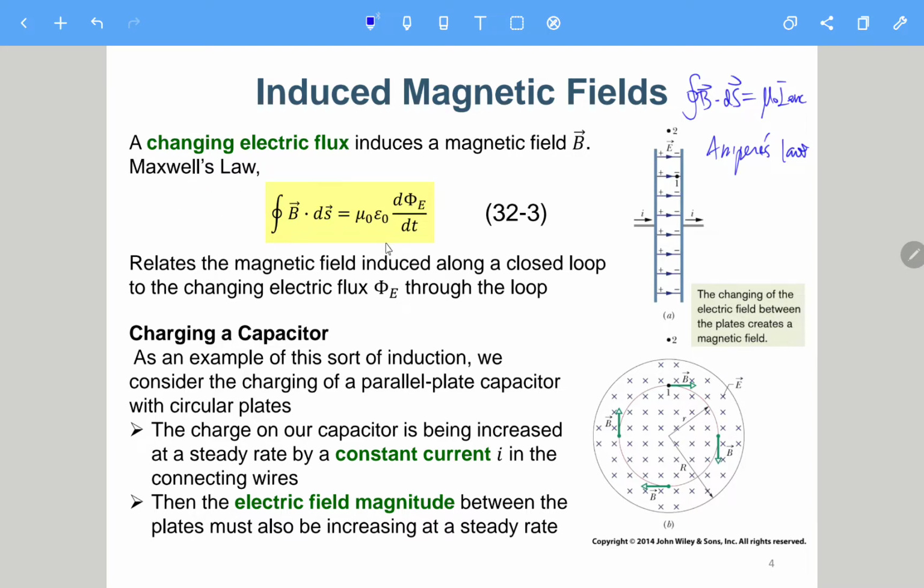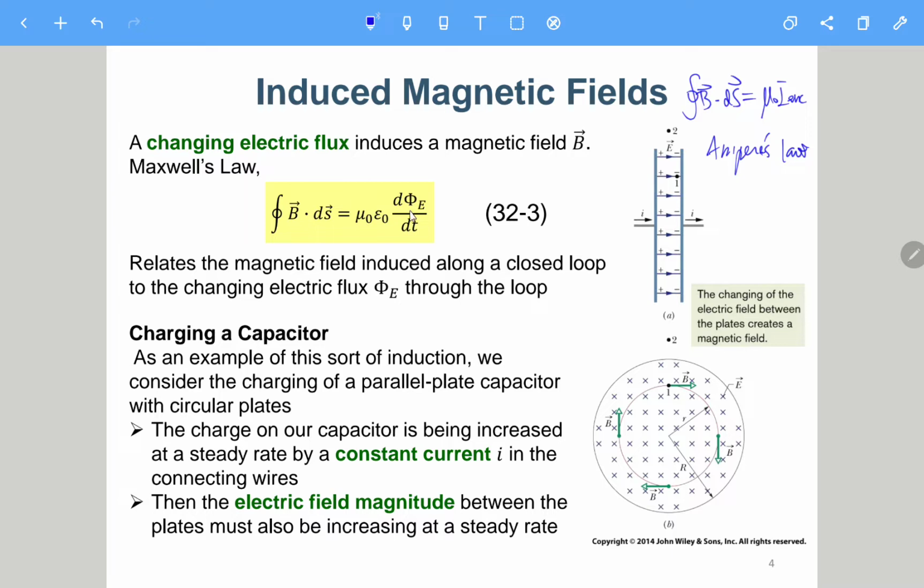Anyway, on the left side it is still the line integration of the B field, and on the right side it is mu naught epsilon naught. These are two constants: this is the permittivity constant and this is the permeability constant.